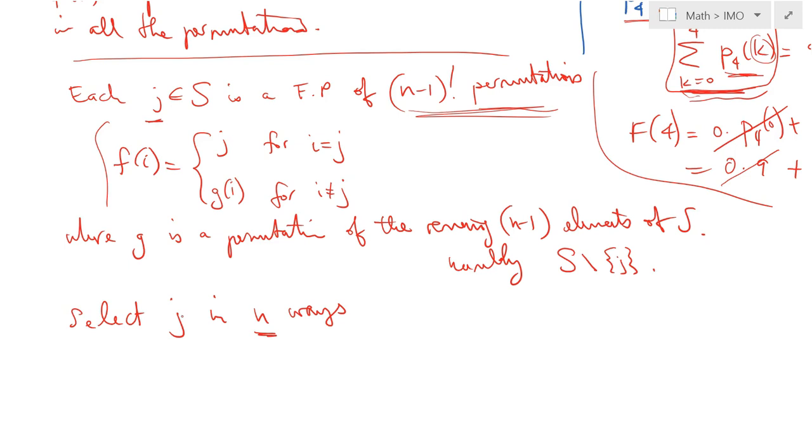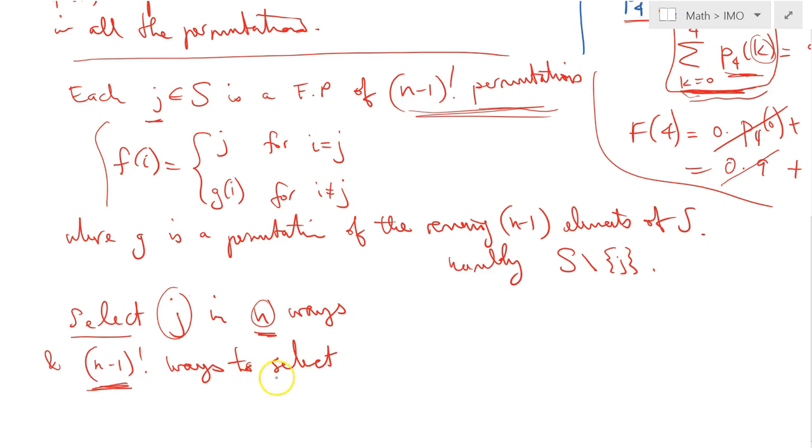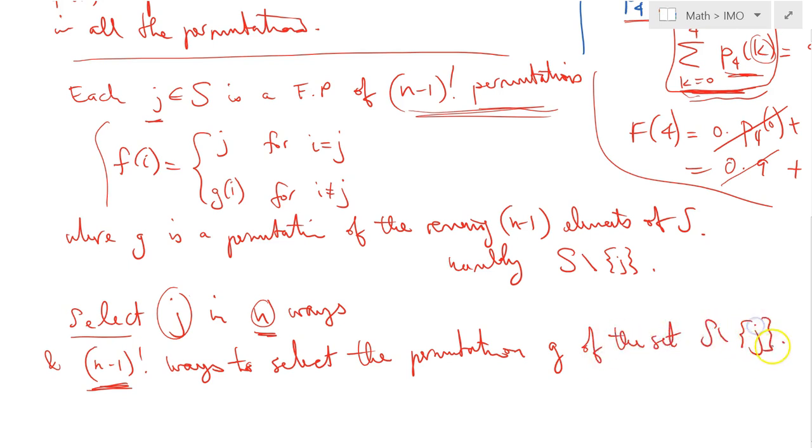So select j in n different ways, and then there are n minus 1 factorial ways to select the permutation g of the set S minus j.